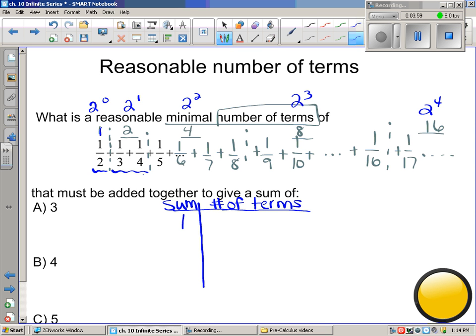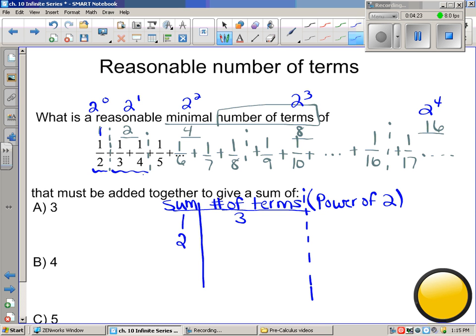And I notice that there are 3 terms there, right? What I want to do, though, is write this in the form of a power of 2 eventually. So I'm going to write this down. So that's where we're headed with this, okay? So the number of terms we've got here is 3. If I want the sum of 2, let's try that. So I would have the sum of 1.